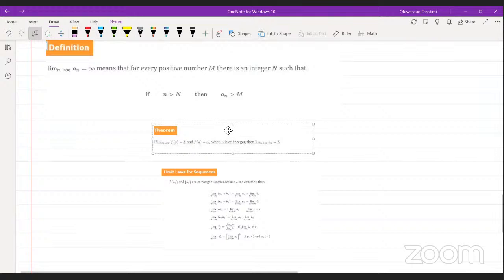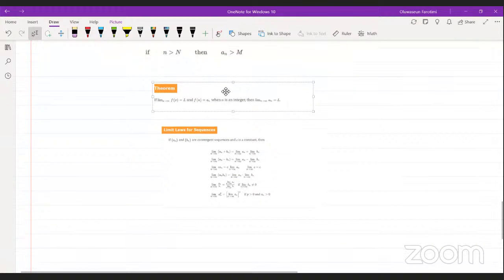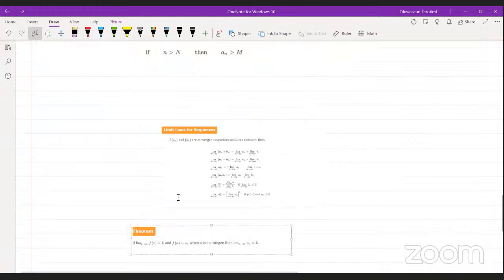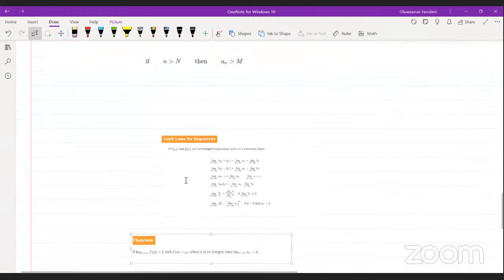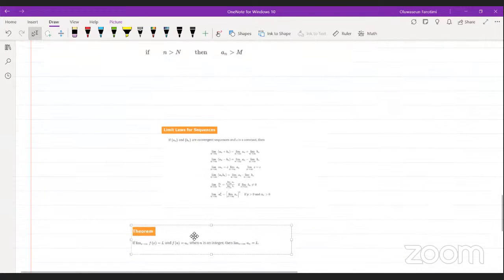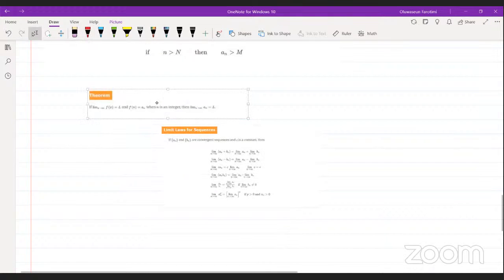So this is another theorem that is going to come in handy. This theorem is going to come in handy very soon. Okay, so this is a definition. Now I think I'm free to talk about this theorem at this point. Okay, so theorem.